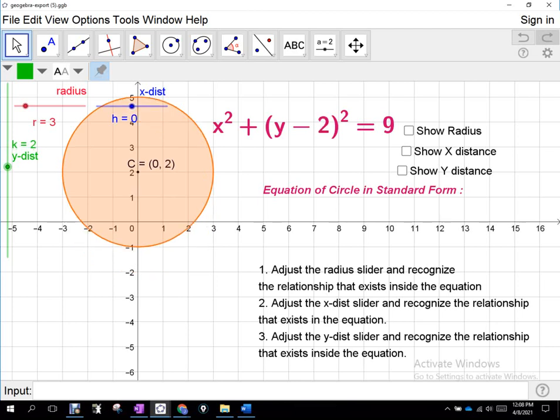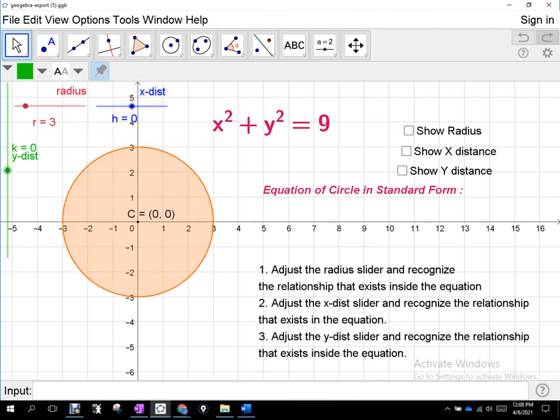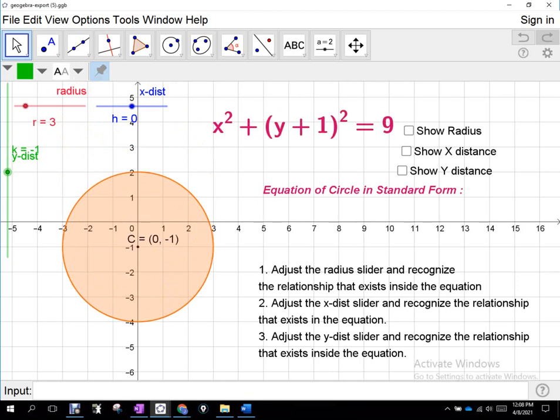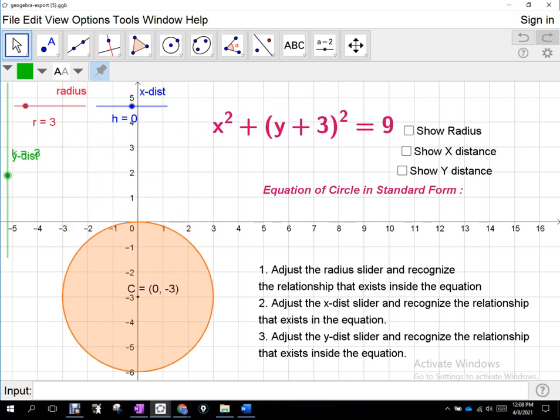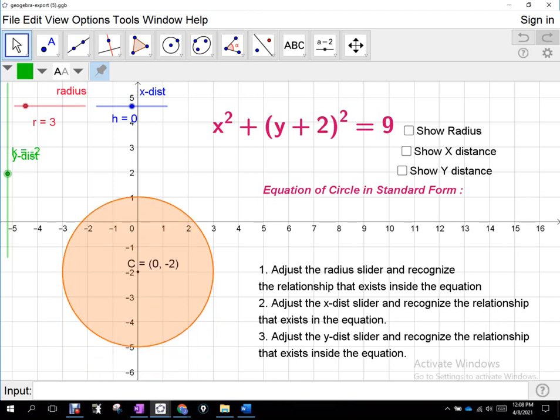Up 2, it's y minus 2. Up 3, it's y minus 3. Is everybody okay with that relationship? So if I wanted to go down, what would it be? Does that make sense? Yes. So it's counterintuitive, I guess is a better word, than what you would think.